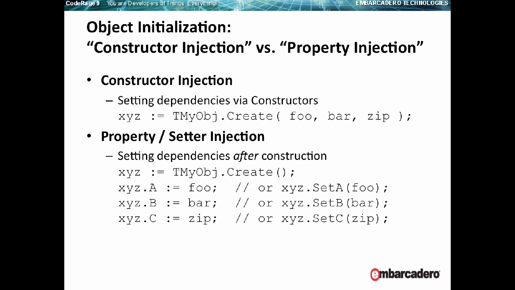Using property and setter injection, we're setting the dependencies after construction occurs. So we take TMyObj, call the constructor on it with no parameters, and then we assign values to A, B, and C, or we call the setters SetA, SetB, and SetC. Accomplishes the same thing, just a little different order.